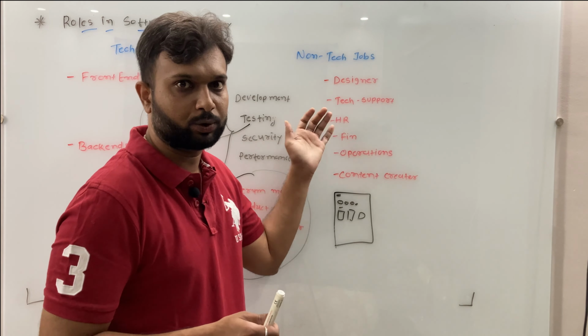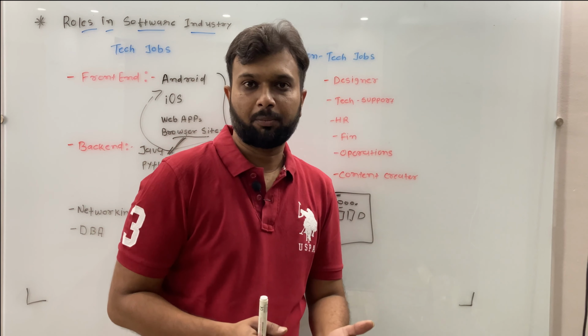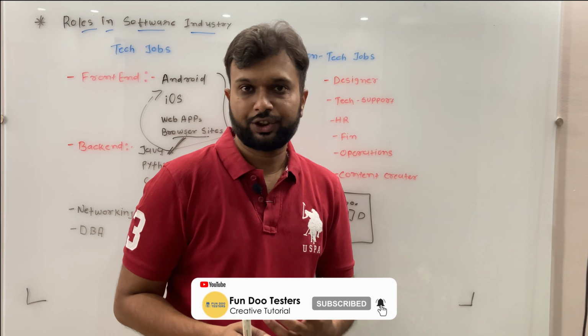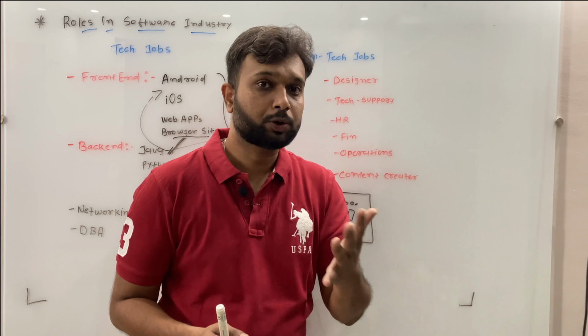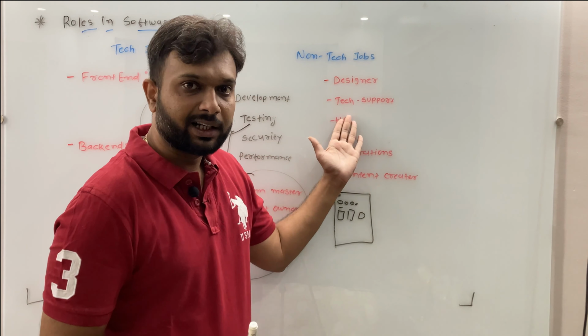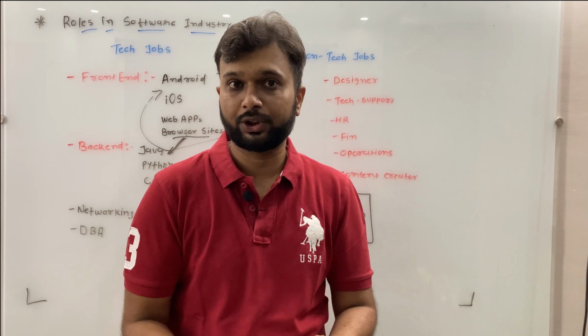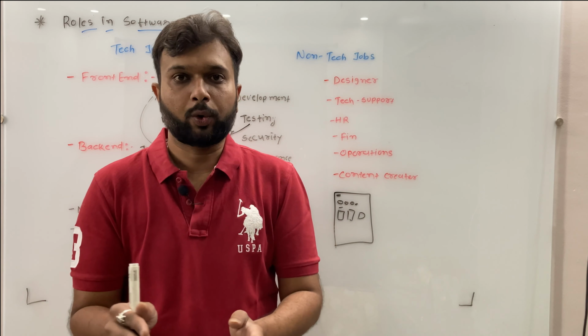Another is tech support. Whenever we are ordering from someone, let's say Zomato or Swiggy, and the food is not reaching on time, we will call someone. Those people are from technical support. They have a limited understanding of the technology, but they are not doing coding.